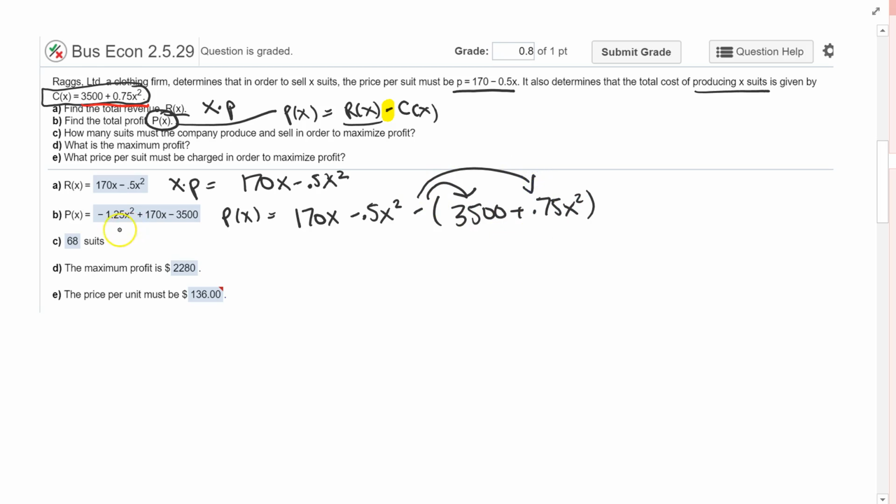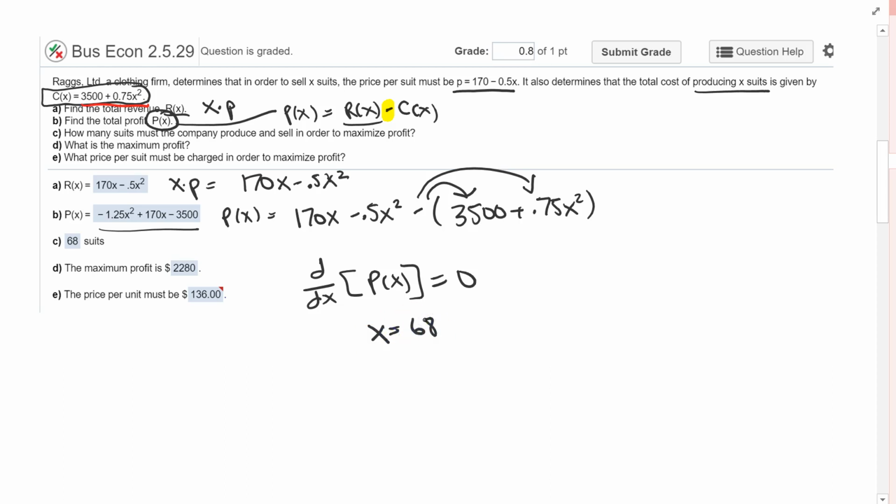The calculus comes in when you take the derivative of P of x with respect to x, and you set that equal to 0. And doing so, you end up with x is 68.